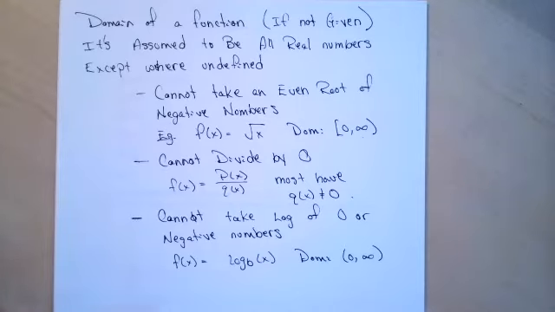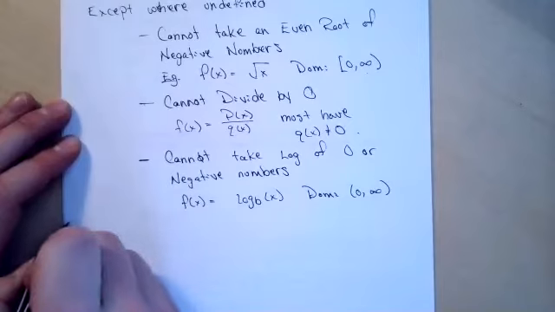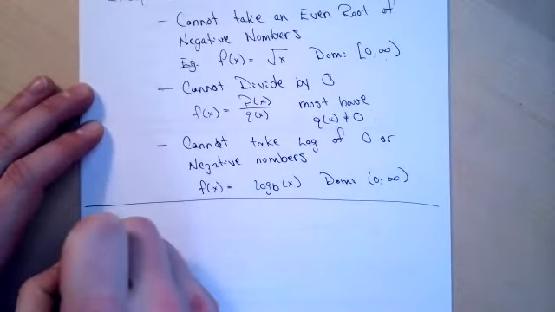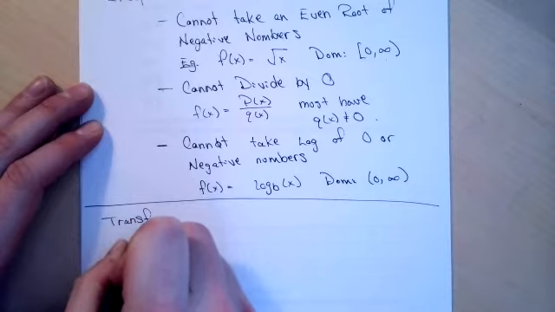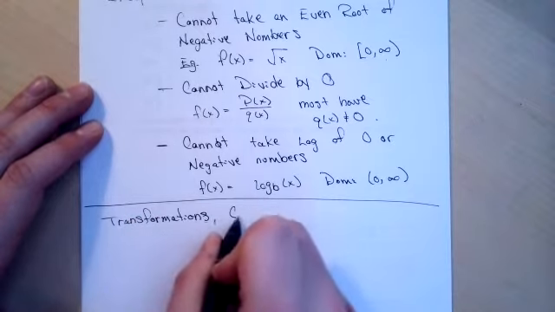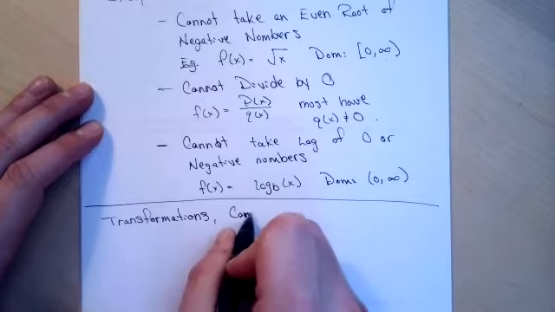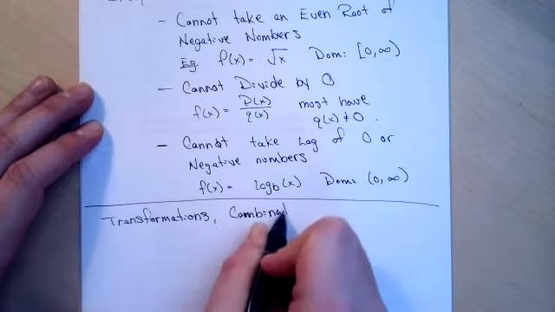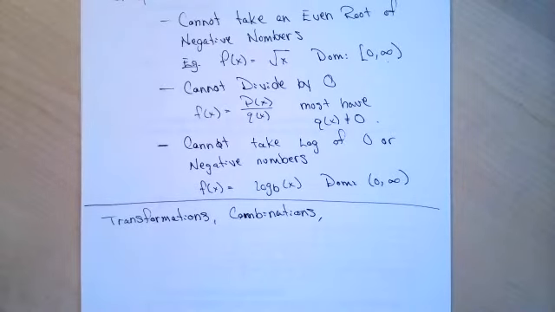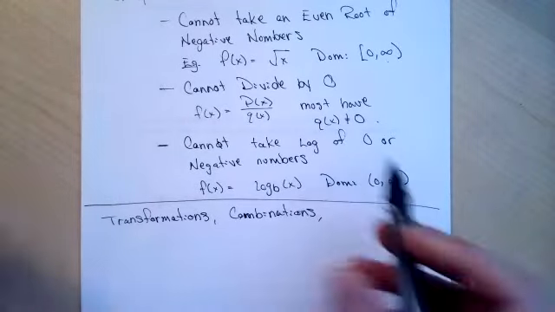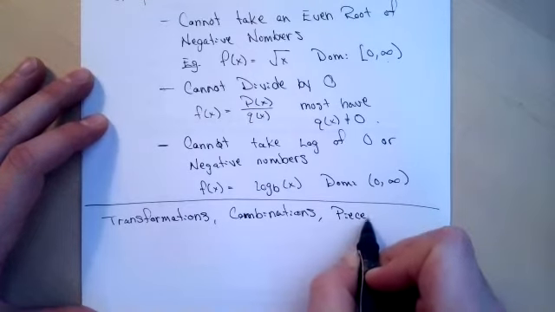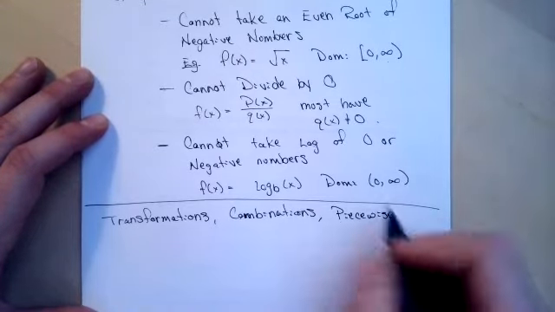Okay. So things we need to talk about are transformations, combinations, and piecewise functions. It's lagging again.